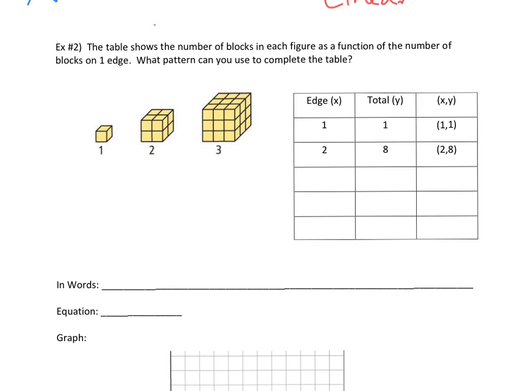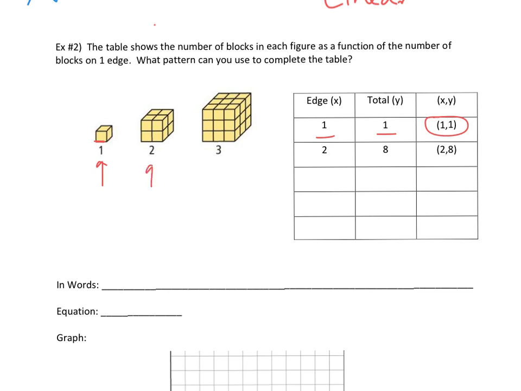What pattern can you use to complete the table? So if you look at this, on the edge, you have 1 block, right? They're saying right here, it's 1 block wide, okay? How many total blocks do you see there? 1. So that's this, 1 and 1 gives you this point, 1, 1.